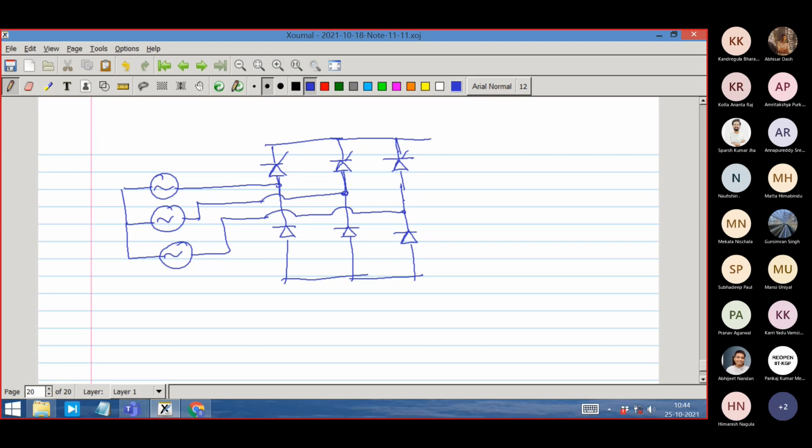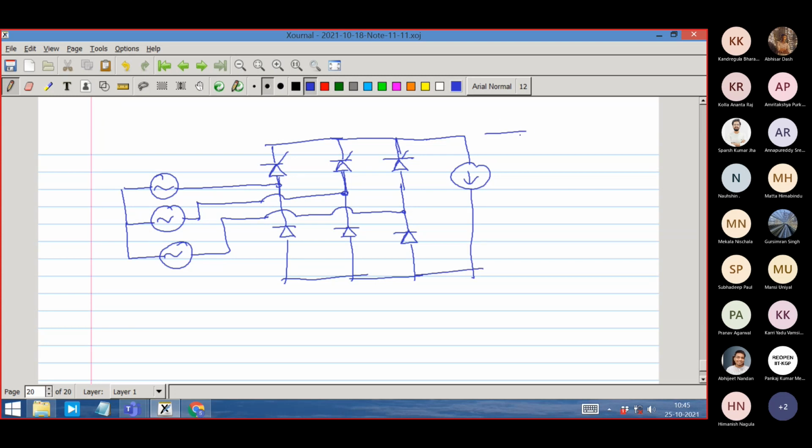Only thing you have to be careful about is how to look at alpha. Alpha you are looking at is from the phase voltage shifted by 30 degree. Alpha counting is starting from 30 degree of the phase voltage, right? No other extra caution is required, and whatever you have learned will hold good.